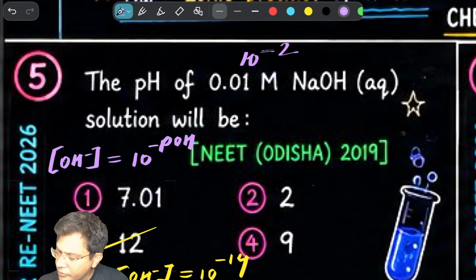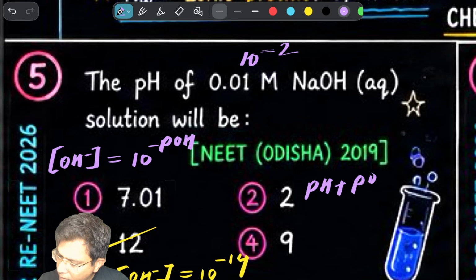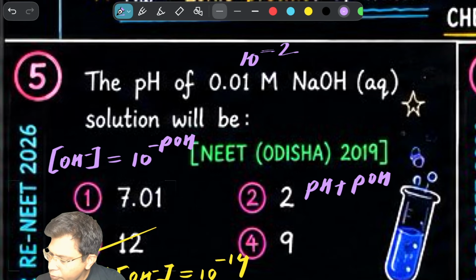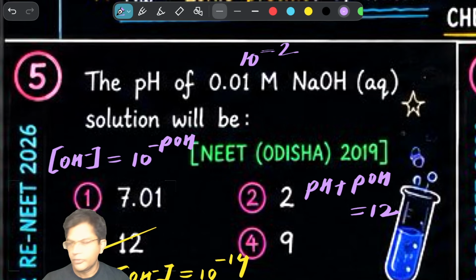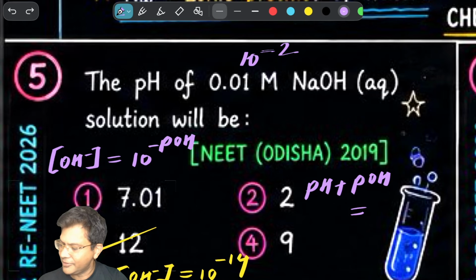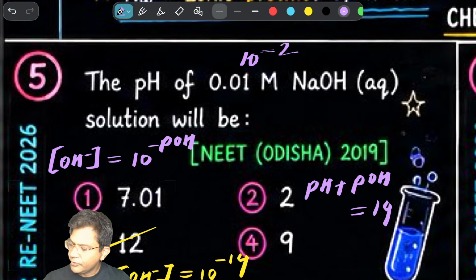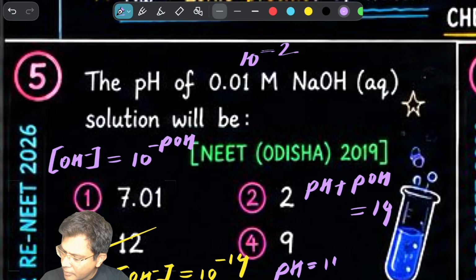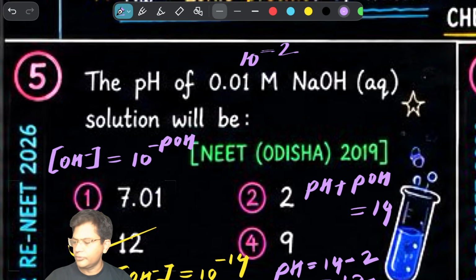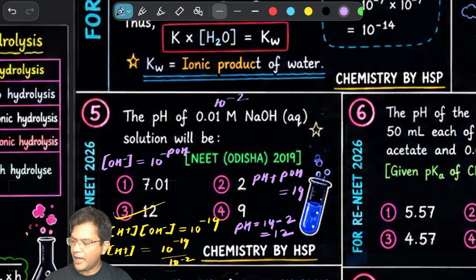So pH plus pOH is equal to 14, because the temperature is 25 degrees Celsius. So pH will be equal to 14 minus pOH, that is 2, which becomes 12. So all the ways you have solved your question. So the answer is 12.